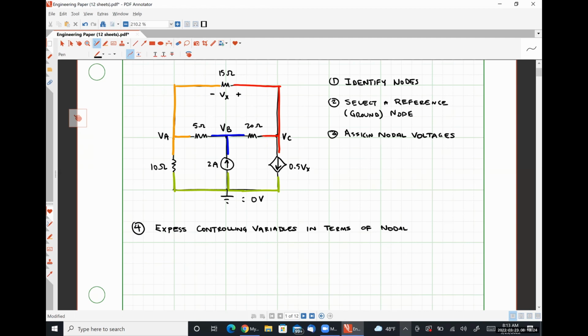And I put this as the first analysis step because it is the easiest to forget to do. Okay? So I like to get it out of the way first.